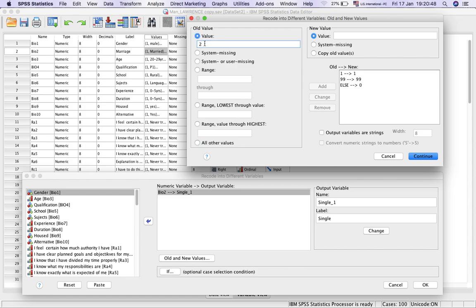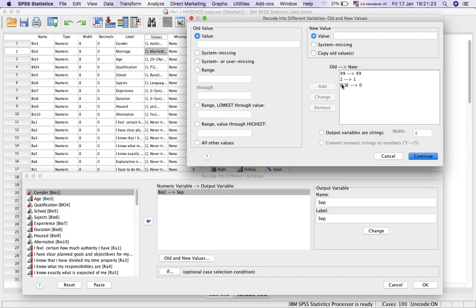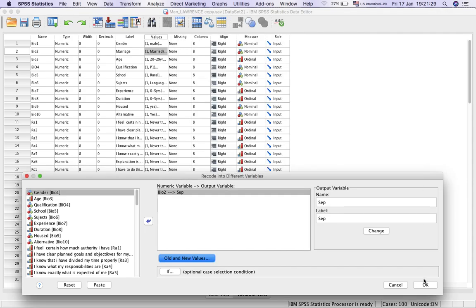So number 2 is our interest here. It becomes 1, all others 0. Then the third one was separated, which was 3, any other 0.